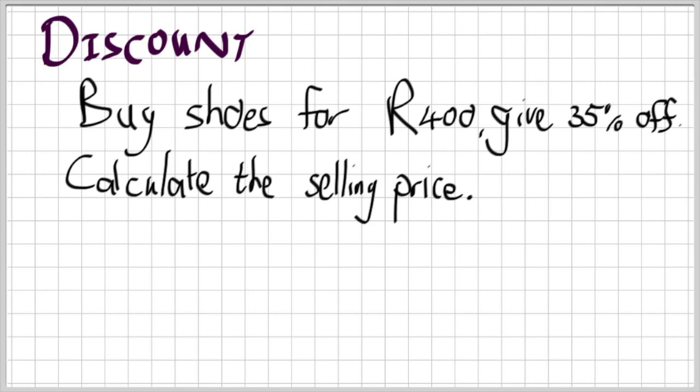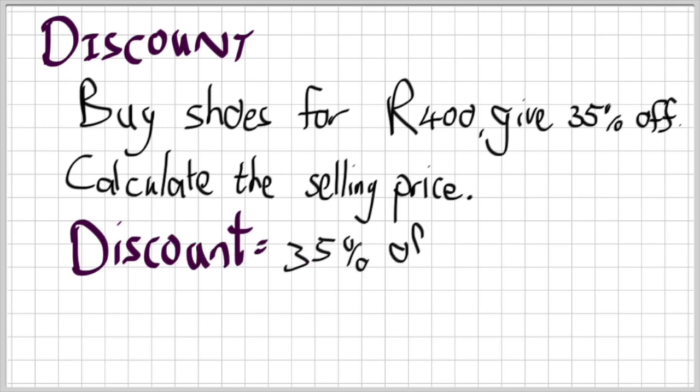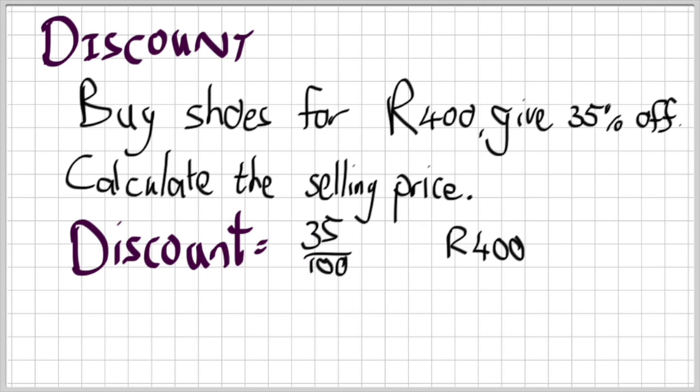I'm going to follow exactly the same procedure as I did with increase. I'm going to calculate 35% of the 400. Again, I don't want to work with 35%, so I'm going to convert this to 35 over 100. I'm going to multiply, and then I'm going to very easily calculate that answer as being 140.